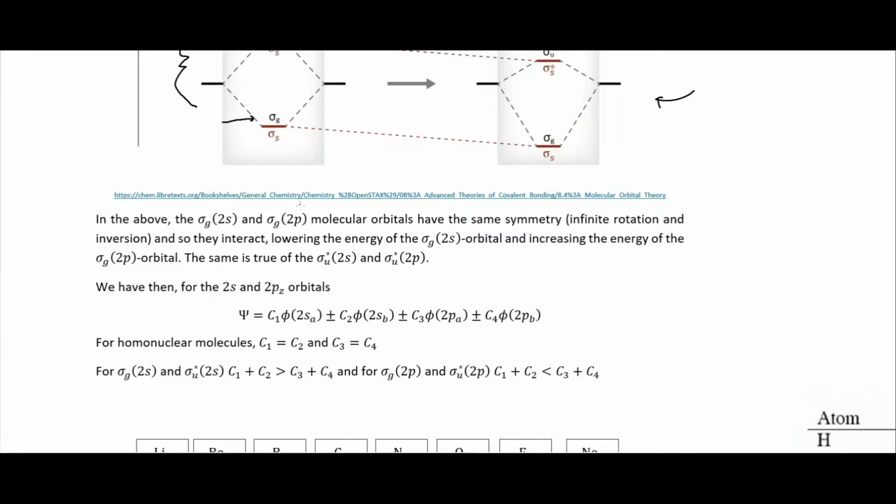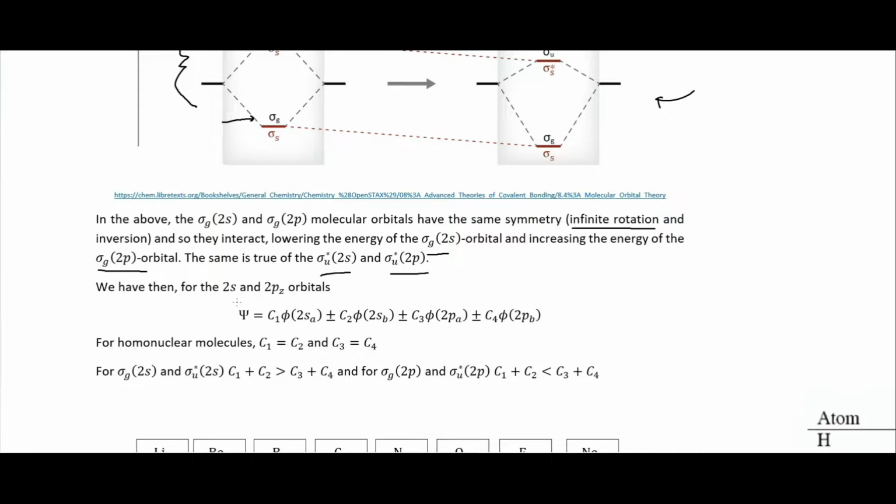So in the above, the molecular orbitals have the same symmetry, the sigma g 2s and sigma g 2p. They have the same symmetry, which is the infinite rotation and inversion. And so they interact and they lower the energy of the sigma g 2s orbital and increase the energy of the sigma g 2p orbital. The same is true of the two antibonding orbitals.